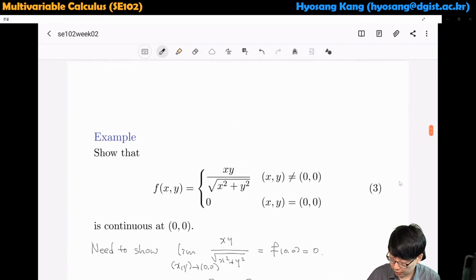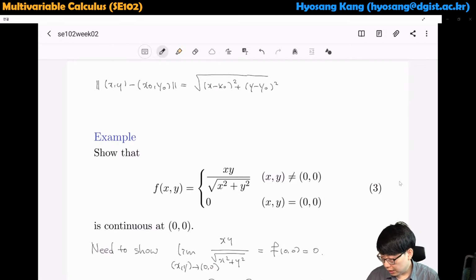The distance between (x,y) and (x0,y0) is the square root of (x minus x0) squared plus (y minus y0) squared.